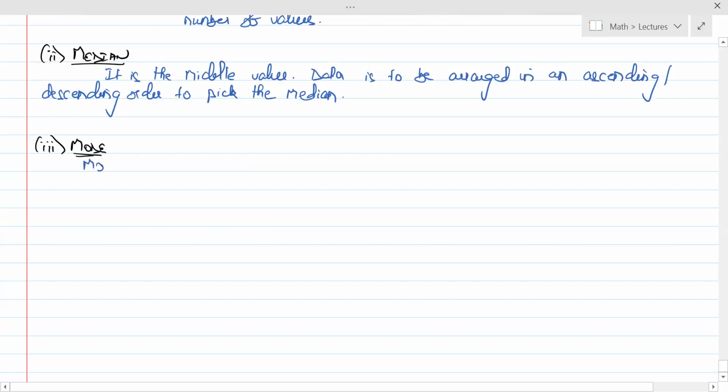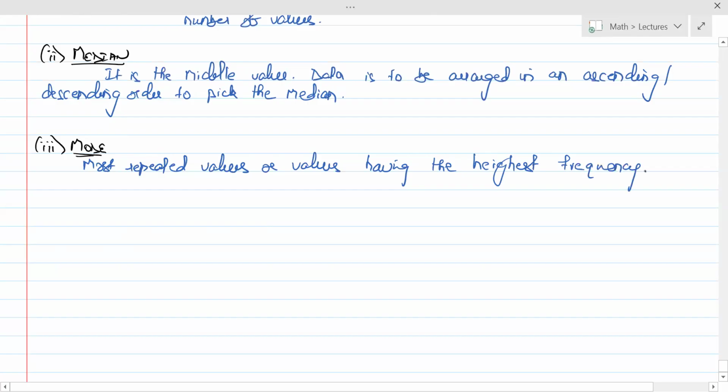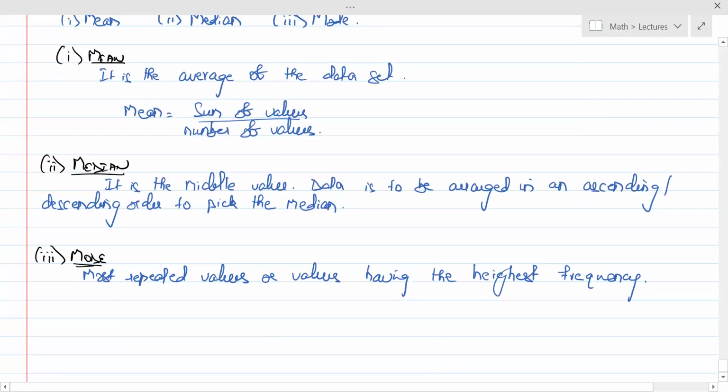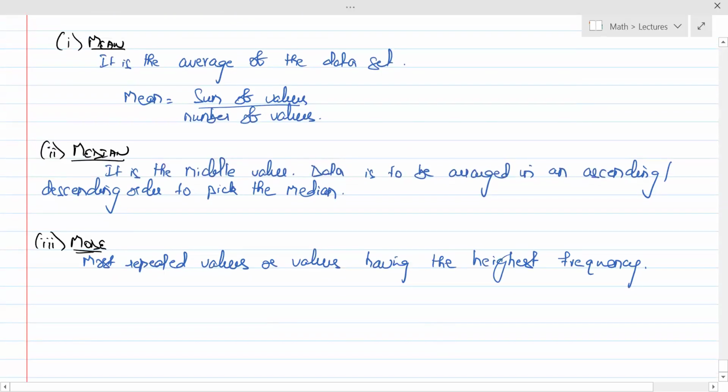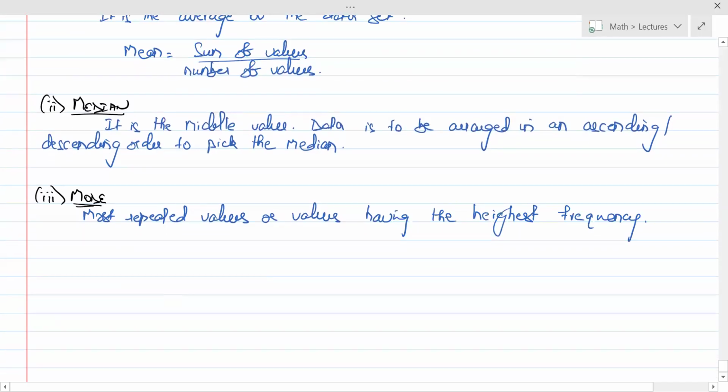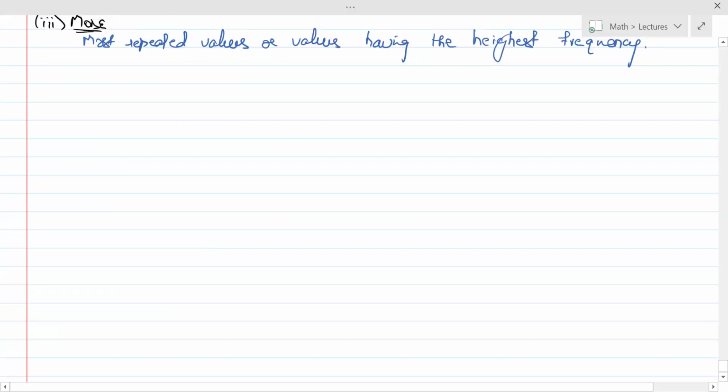So most repeated values or values having the highest frequency. Okay, so these are the three measurements of central tendency with their definition. Now, we'll have a look at some of the examples that will help us in understanding the concept a bit better.